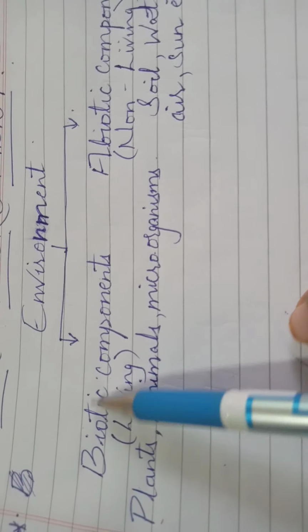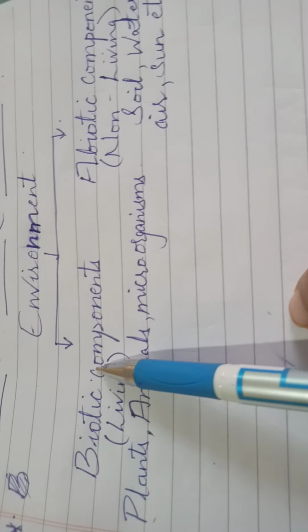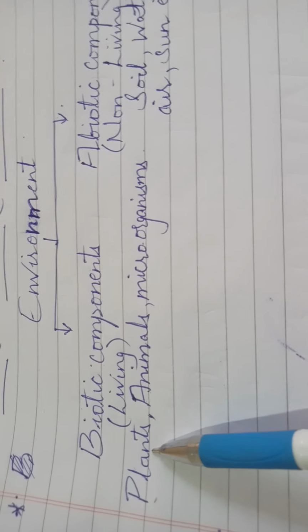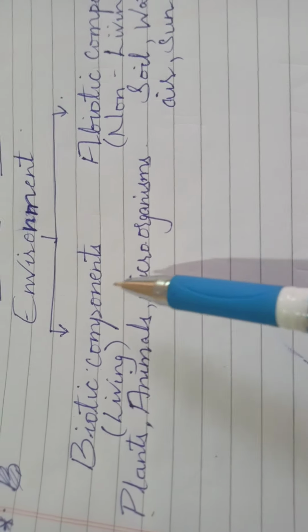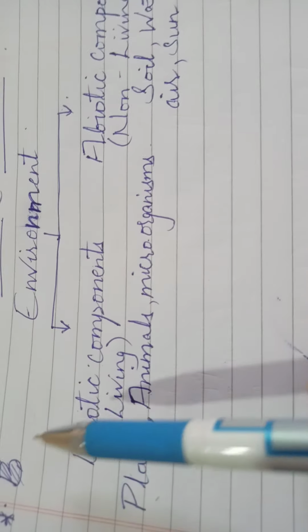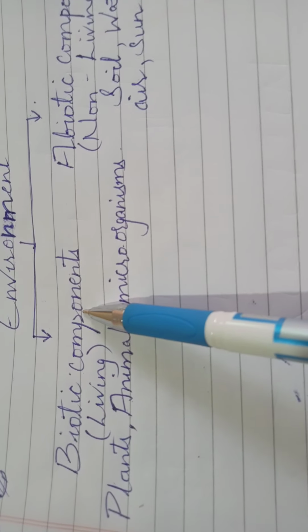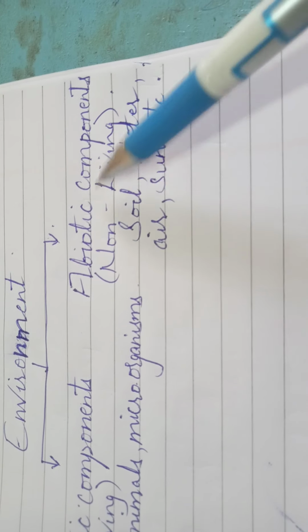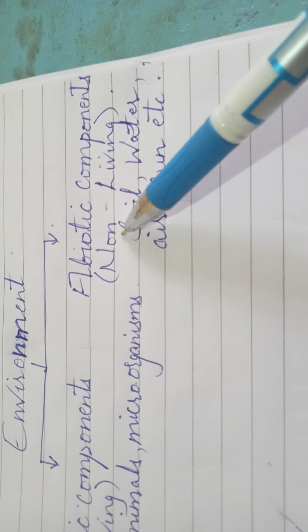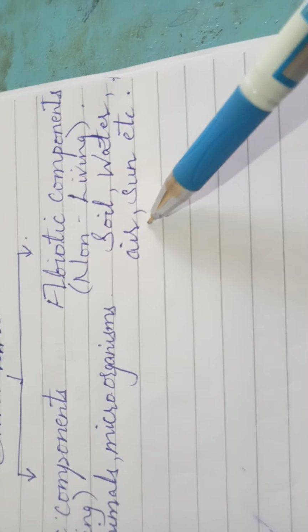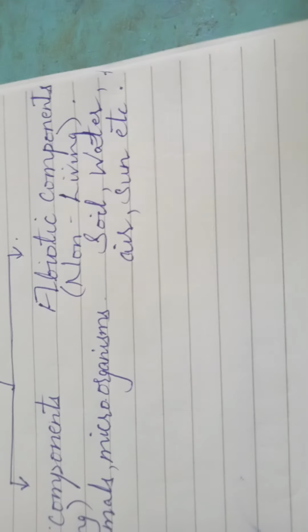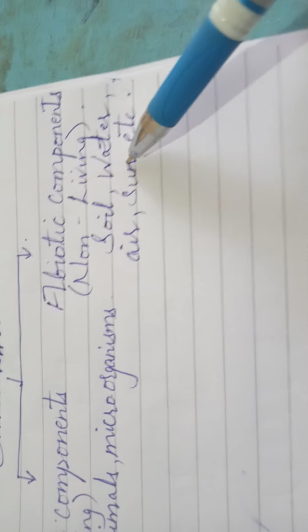That means living things are included under this category, such as plants, animals, microorganisms. Any form of life is included in this category. Whereas we have another category, abiotic components, which mainly comprises non-living things like soil, water, air, sun, temperature. All these things are abiotic substances.